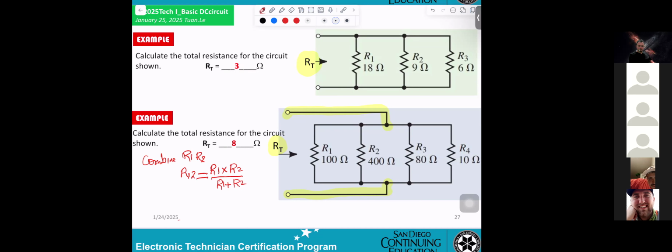And now you combine R3 and R4, which will be equal to R3 times R4 divided by R3 plus R4.